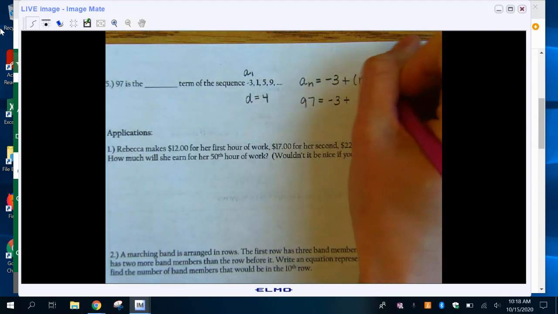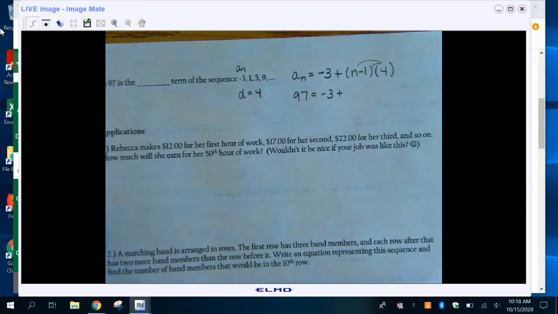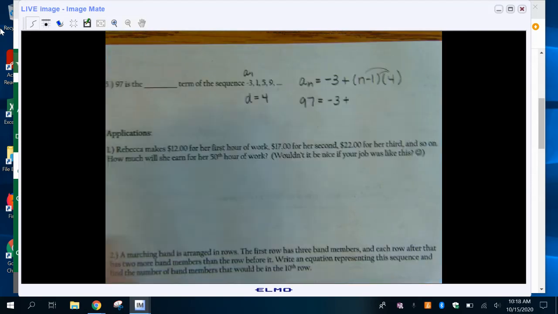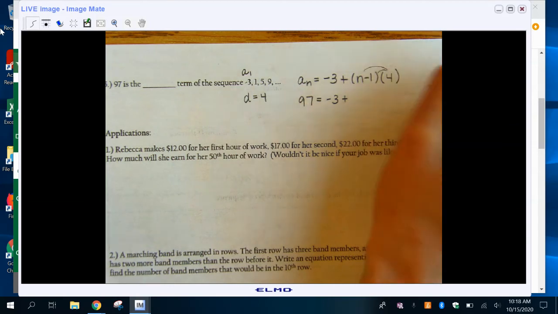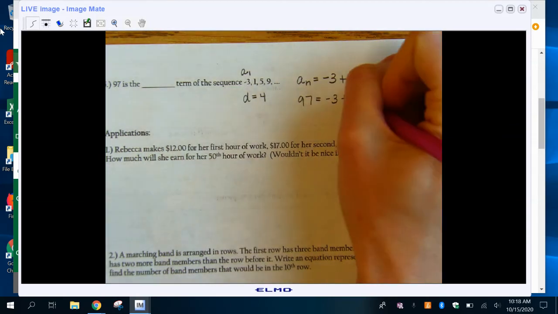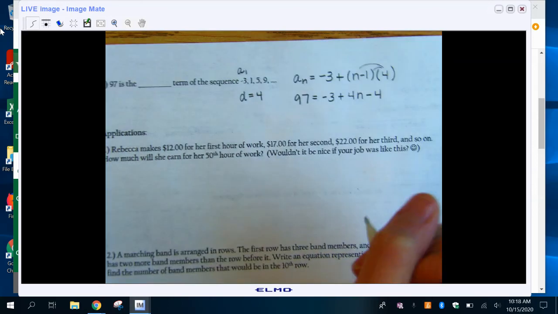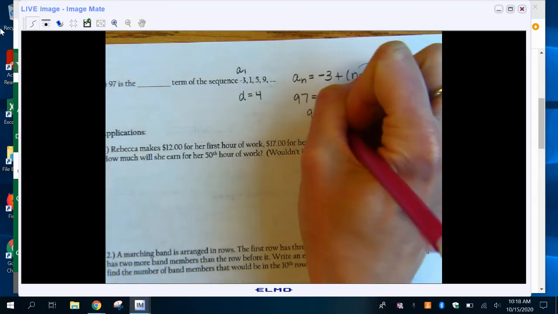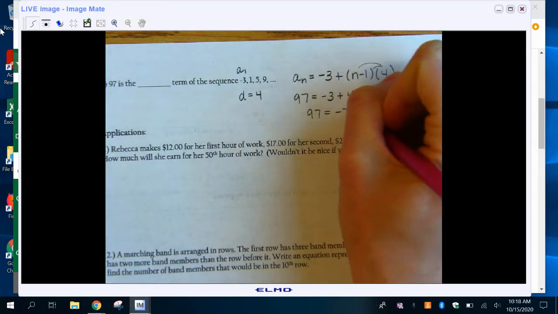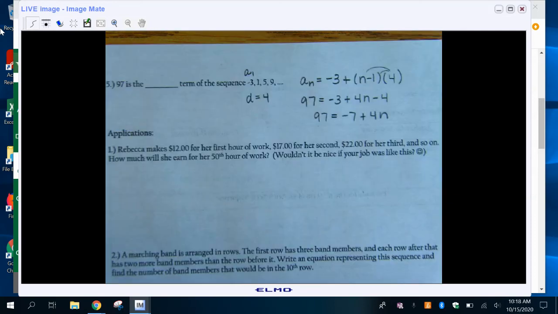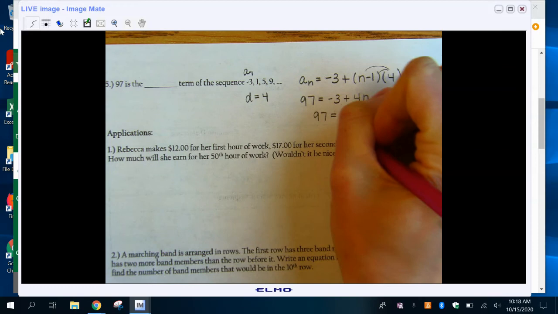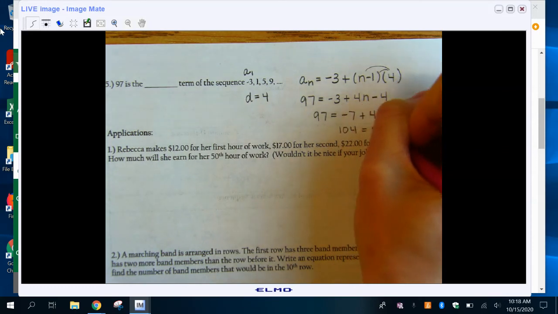So I'm going to start by distributing that through. There's a couple other ways that you could solve this, I'm just going to do it this way. So 4n minus 4. When I combine like terms, I would get that 97 plus 7 is 104.